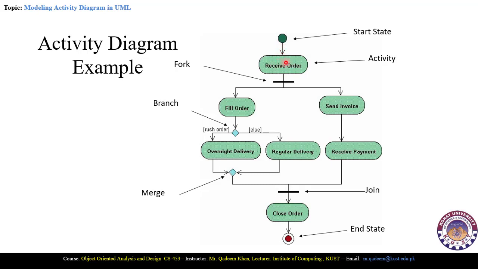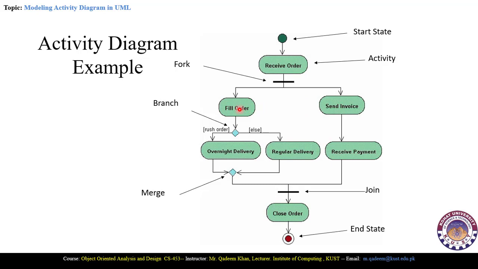So first Receive Order is activated, and after receiving the order from the customer, then we have the fork, because two different activities will be executed in parallel after receiving the order. So Fill Order and Send Invoice. These two actions will be performed in parallel.